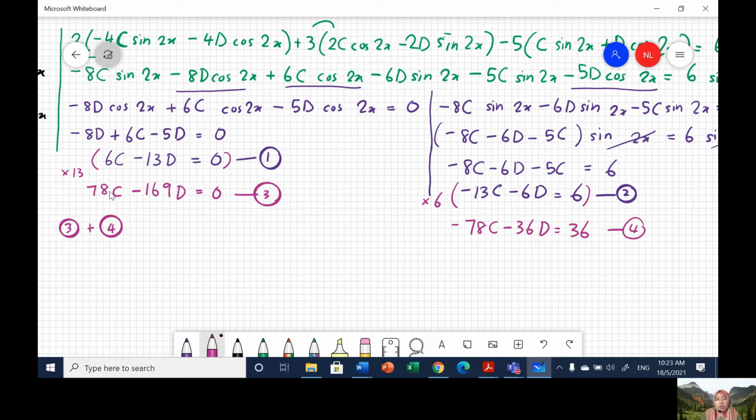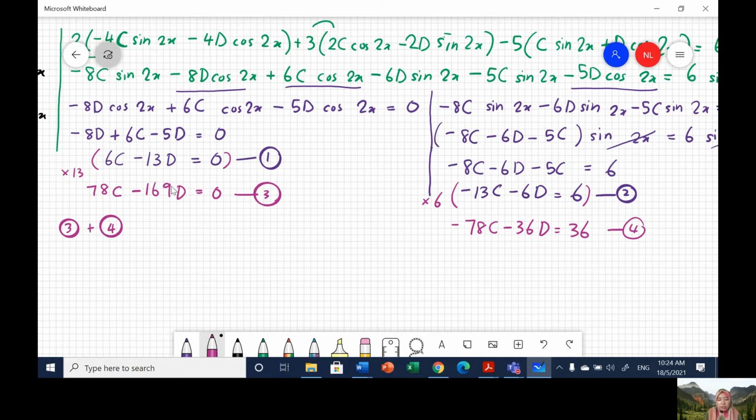Because this is positive 78C, this is negative 78C. So to make C become 0, equations 3 and 4 will be added. So 78C plus negative 78C, we get 0C.